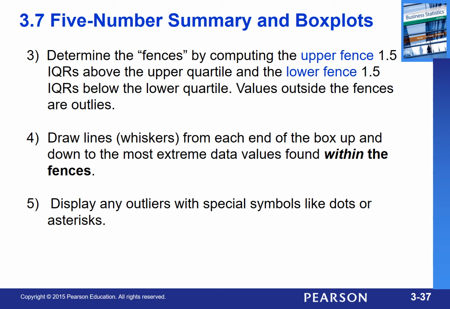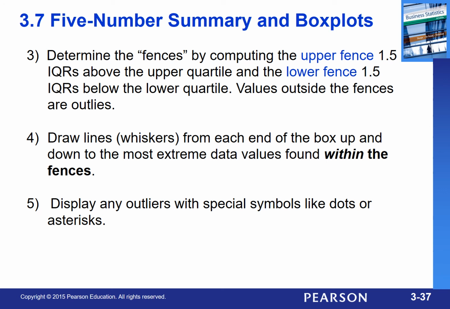These are called the upper and lower fences. We find the upper fence by doing 1.5 interquartile ranges above the upper quartile and 1.5 below the lower quartile. So the idea is if you're more than 150% farther away from the data than the upper or lower quartile, you're too big.